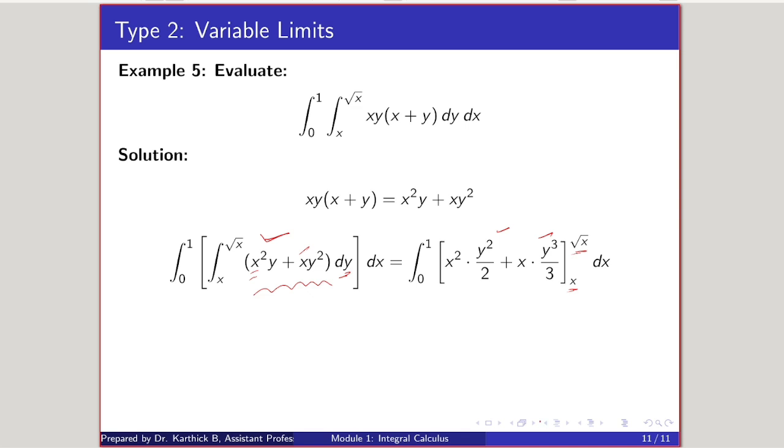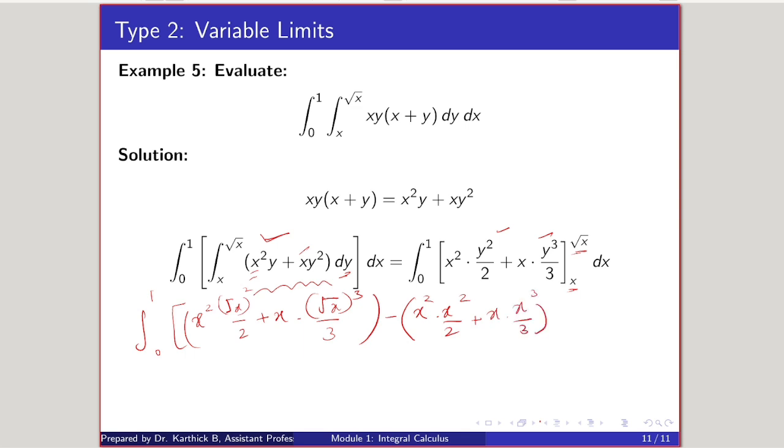So it becomes integral 0 to 1, x square into square root of x, it will be simply x by 2, plus x into root x power 3 by 3, and minus x square into x square by 2 plus x into x cube by 3, over dx.